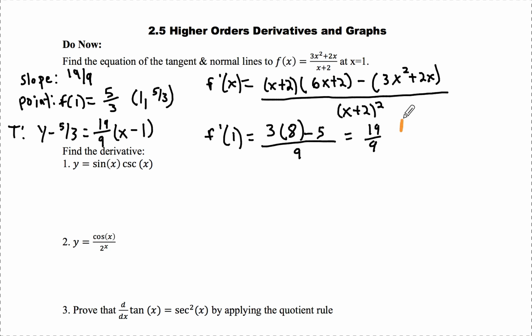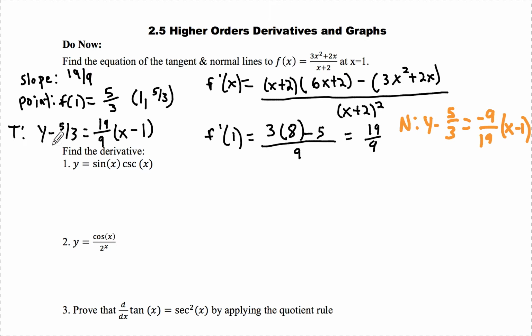My normal line, I'll put it over here since I'm running out of space, is y minus 5 thirds, but with the opposite reciprocal slope, times x minus x1. There we go, there's our tangent and normal line to that curve at x equals 1.